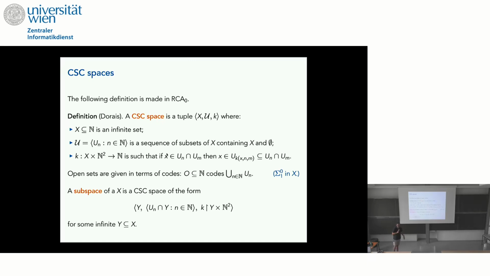There's a very nice way to formalize topological spaces; there are many, with different applications for different purposes. The one that we're going to focus on is due to Dorais, and it's a very natural setting. Remember that in second order arithmetic we have numbers and sets of numbers, so in some sense we are constrained by the need to have some kind of countable representation.